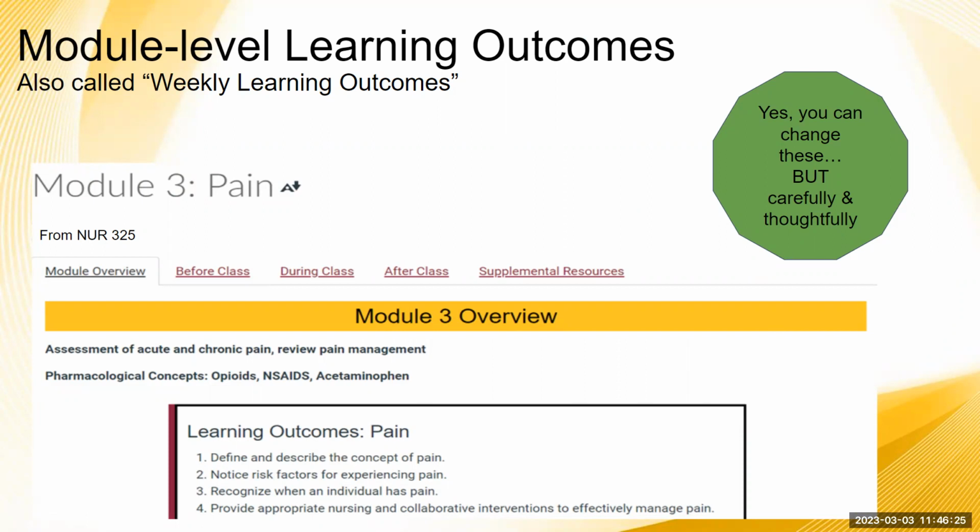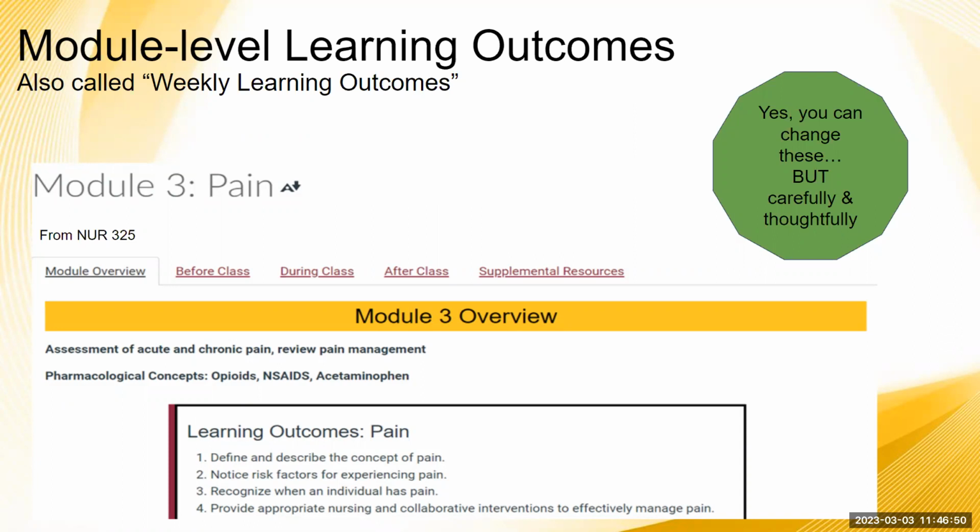Individual instructors can change these, but remember that they need to correspond to at least one of the course learning outcomes. So that's where it helps to map out the different levels of learning outcomes in a course, to verify that you're covering the goals you want to meet for your students, and also to make sure that you're not including extraneous information that you don't really need to be teaching.